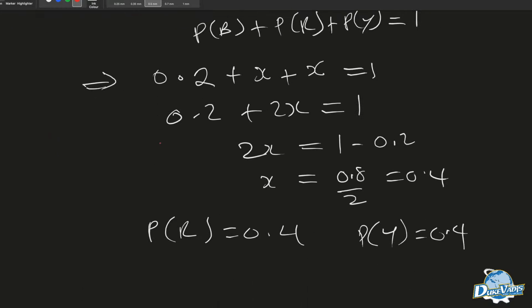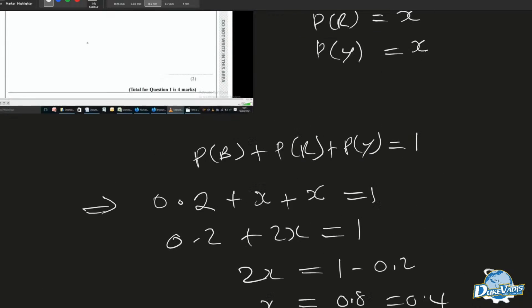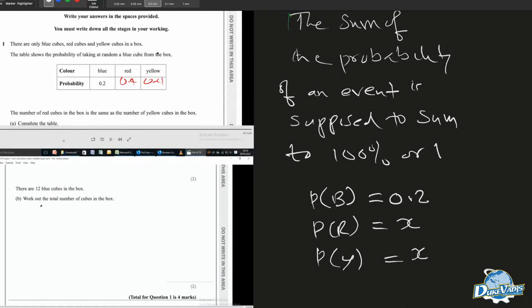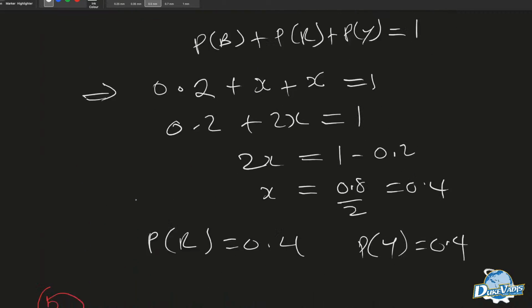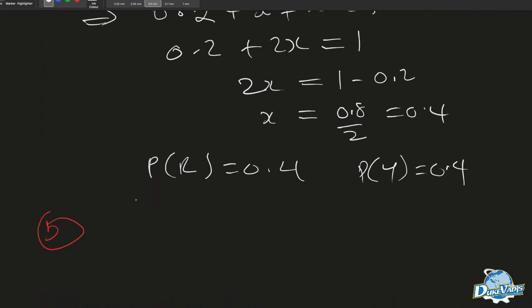The next question says there are 12 blues in the box. Work out the number of cubes in the box. That is the B part.